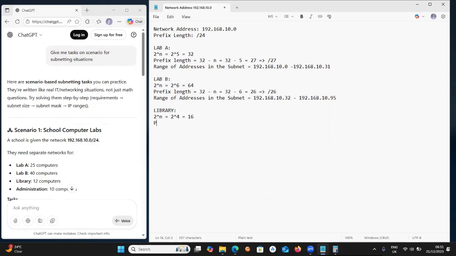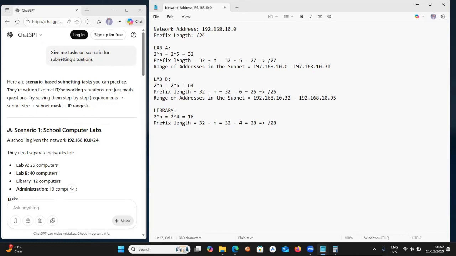So the prefix length is 32 minus n first, 32 minus 4, which is 28. So it gives the prefix length /28.